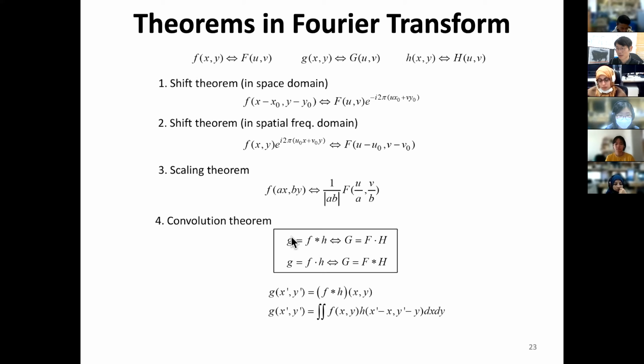screen's electric field distribution. In fact, this convolution is mathematically very neat, because when you look at it in the frequency domain, convolution becomes just a simple multiplication of each Fourier transform. And likewise, if you have a multiplication in the space domain, in the spatial frequency domain that was a convolution.